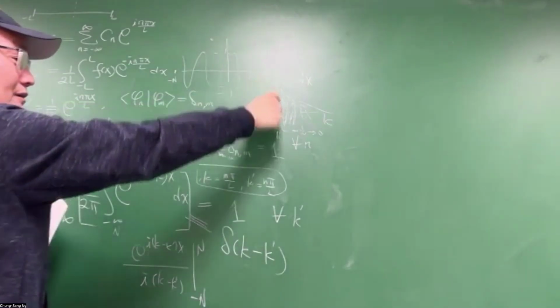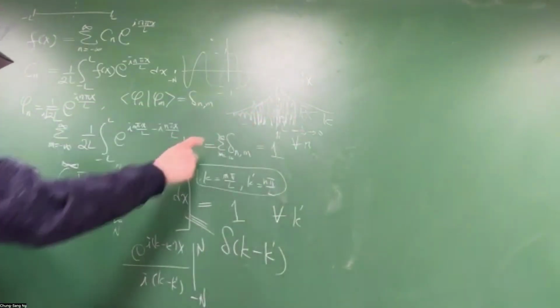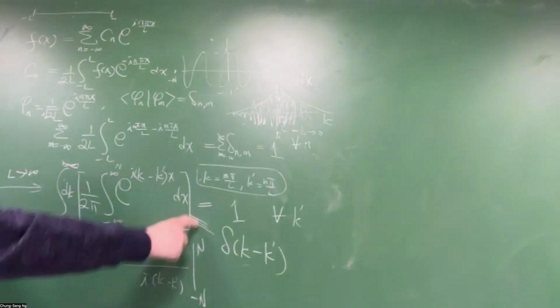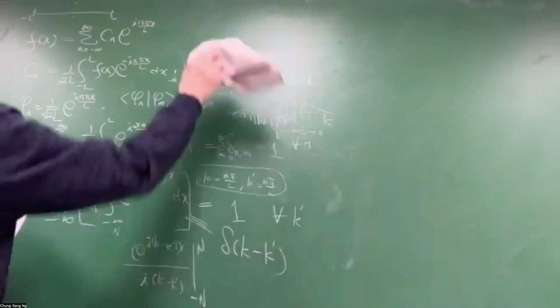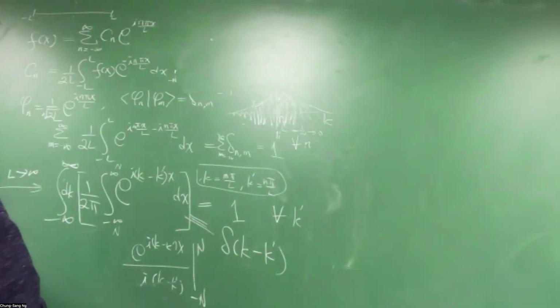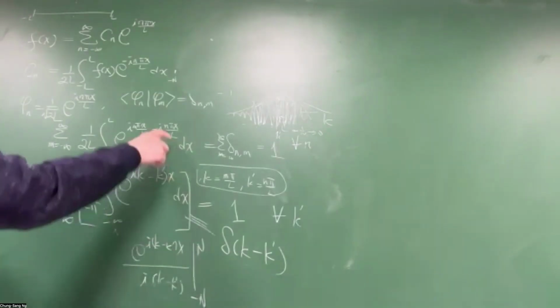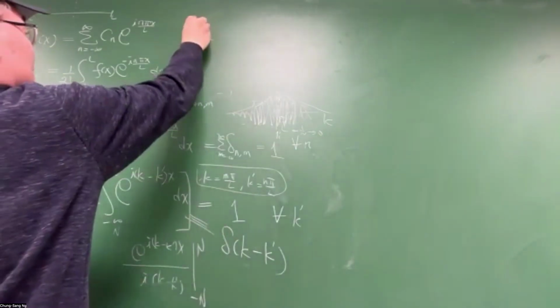We only pick up the contribution from k equal k prime, and the contribution is normalized such that this is valid. So let's rewrite that. This is important. This is like the orthonormal condition for the Fourier transform.